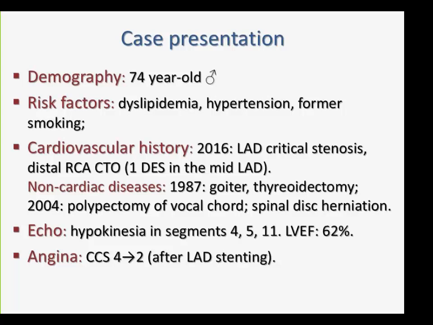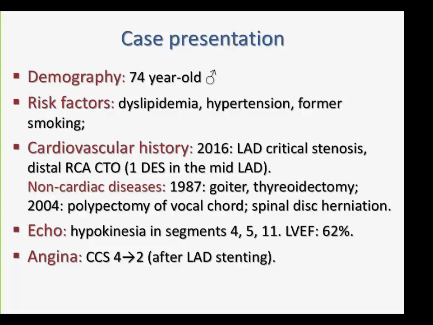He is a 74-year-old male patient with typical risk factors. This patient arrived last year in our cath lab with resting angina, and the coronary angiography revealed critical stenosis in the mid-LAD and CTO of the right coronary artery, which was a distal CTO.